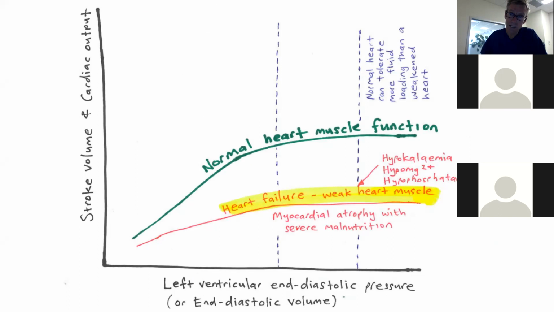But if you've got a weak heart muscle because of muscle atrophy from severe malnutrition, or because you've got hypokalemia or hypomagnesemia or hypophosphatemia, then as you increase the volume load on your heart, the stroke volume doesn't increase and the cardiac output doesn't increase.